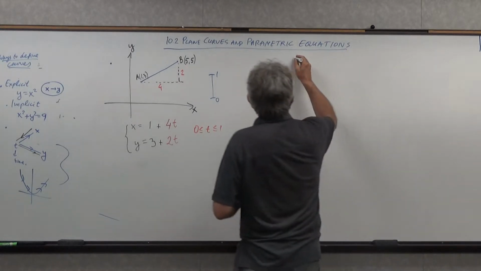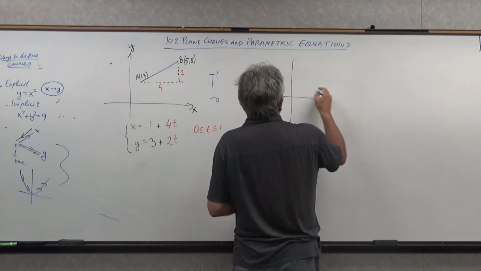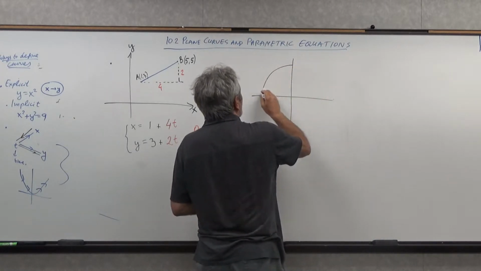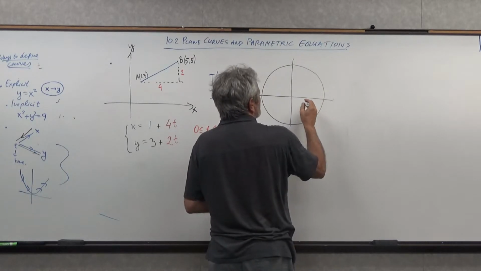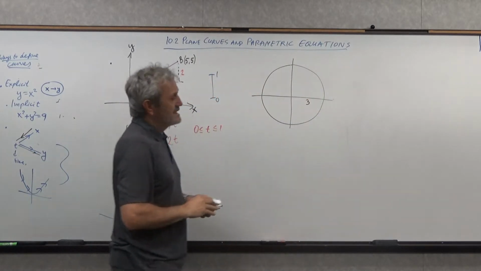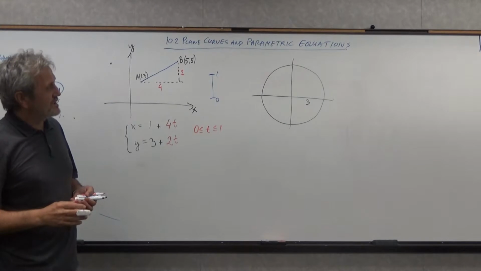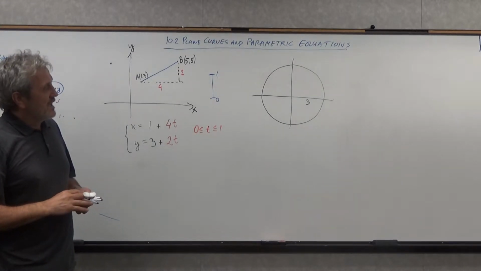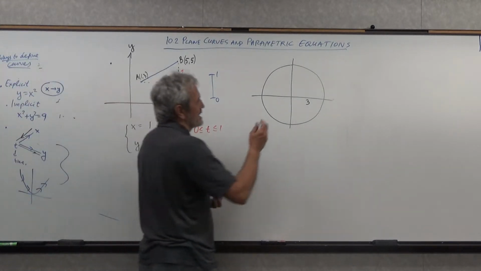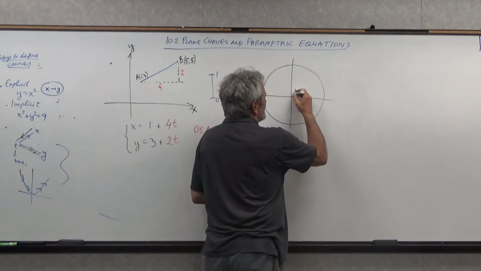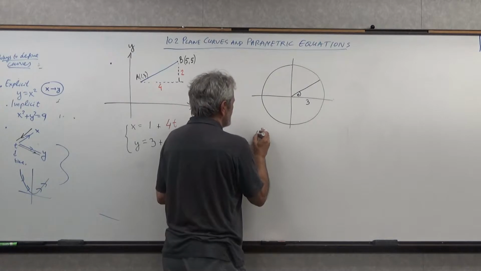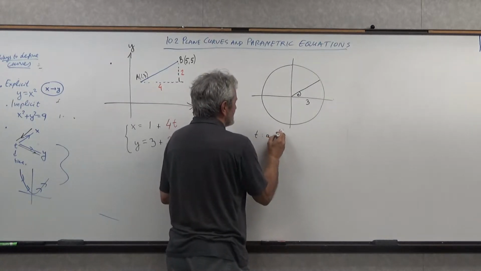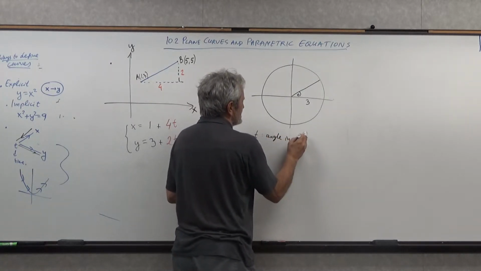What about the circle? Let me find the equation of a circle of radius 3. And here we need something that you study in trigonometry, and that is our parameter will be this angle in radians. So this is your t. So t is the angle in radians.